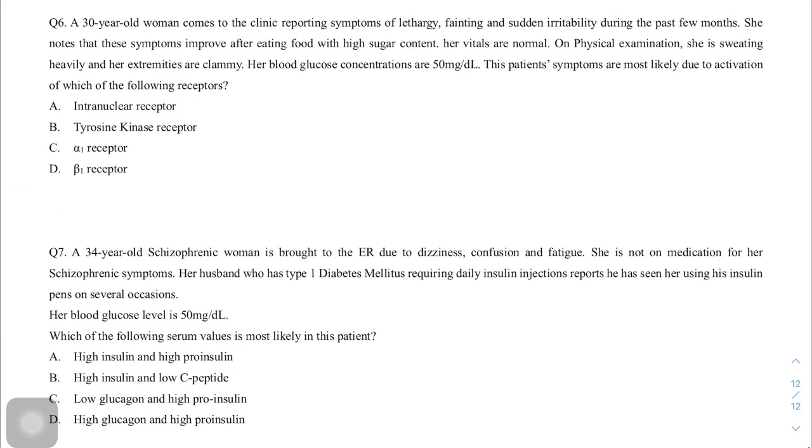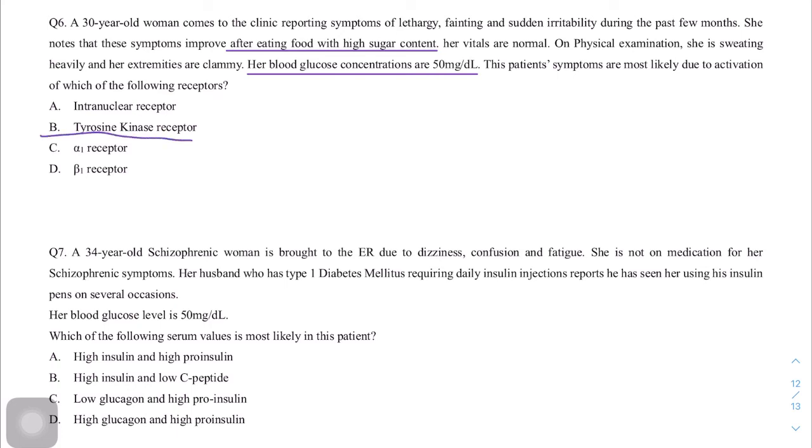A 30-year-old woman comes to the clinic reporting a history of lethargy, fainting, and sudden irritability during the past few months. She notes that these symptoms improve after eating food with high sugar content. So that means she was in a hypoglycemic state, and her vitals are normal. Her temperature, blood pressure, all of those are normal. On physical examination, she's sweating heavily and her extremities are clammy. And when you do a blood glucose test, it is very low. This patient's symptoms are mostly due to the activation of which of the following receptors?